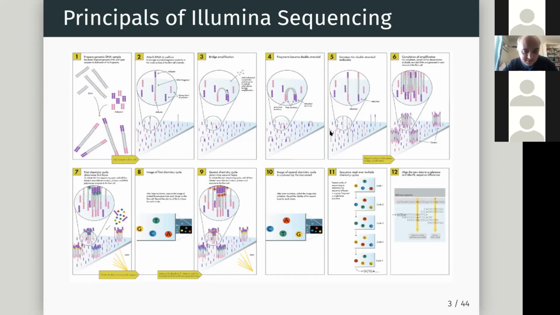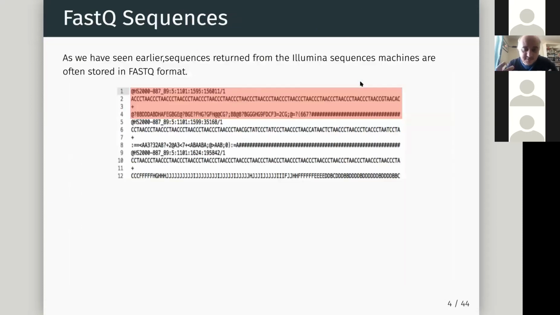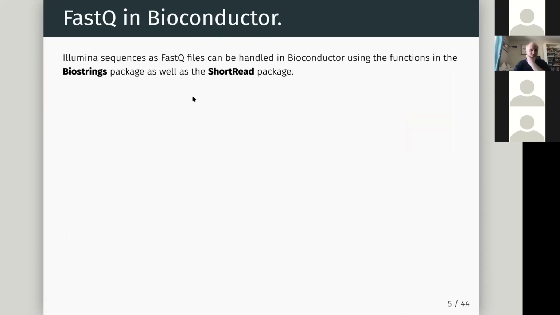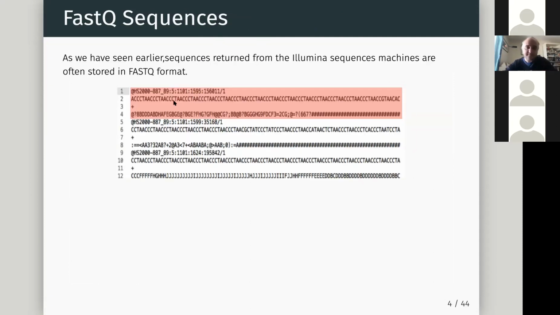We'll usually sequence just a portion of these. All those images, all that adding bases, all gets turned into this FastQ. And this just represents, as we saw before, the sequence from the end of a fragment. And we have one record here, so this is one fragment sequence, just the end of it.